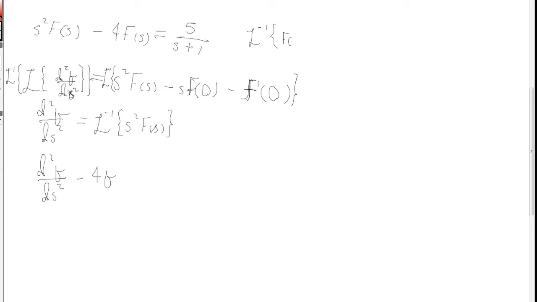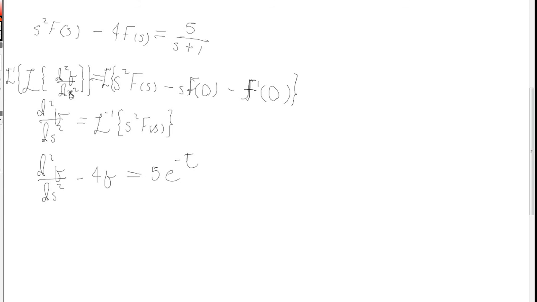It still yields a function. The Laplace transform is an integral operator, right? So the inverse yields some function, so we just call it f. And what does the right-hand side yield? Well, that's just 5, the Laplace inverse of that, 5e to the negative t.